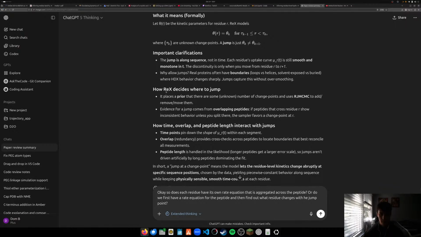Capture this without oversmoothing. Proposes prior that there are some unknown number of change points and it uses to add or remove them. Evidence for a jump comes from overlapping peptides. If peptides that cross residue R show inconsistent behavior unless you split there, the sampler favors the change point in R. How time overlap?